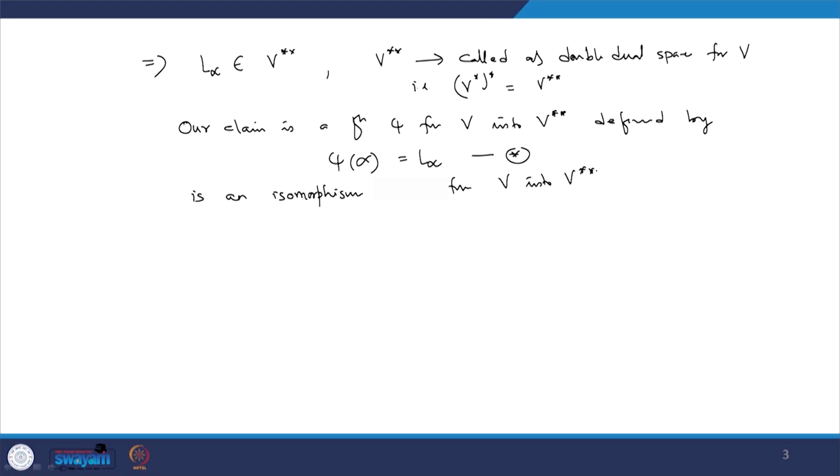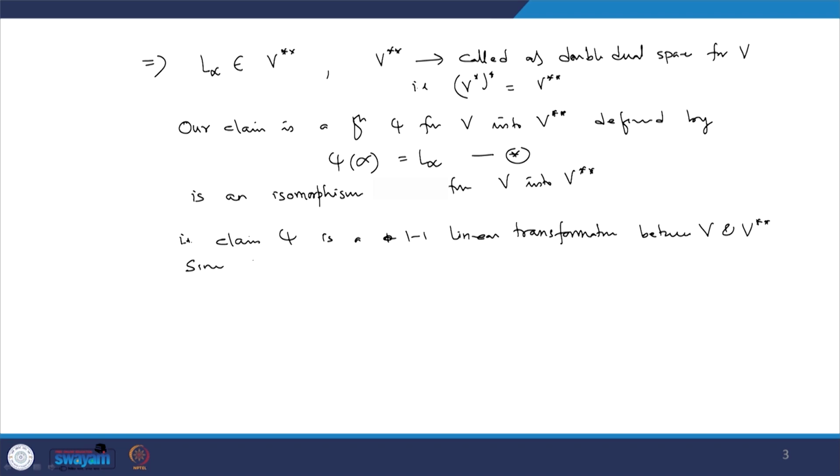Now, my claim is that psi is a 1-1 linear transformation between V and V double star.